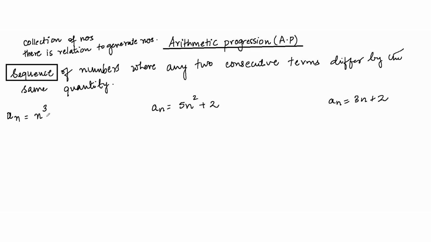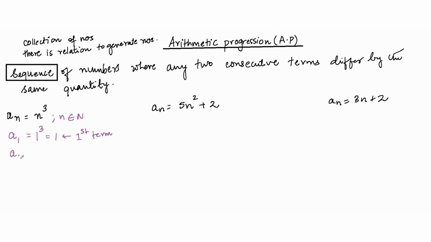N will always belong to natural numbers. So when I say I want to find a1, it means instead of n I am substituting 1. So a1 is 1 cube, that is 1, which means this is the first term. So therefore the first term is 1.